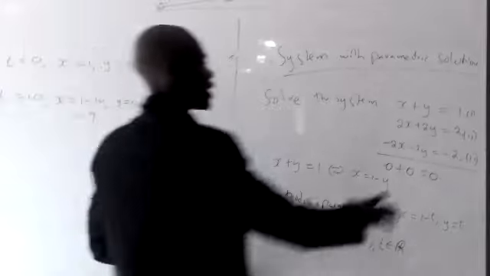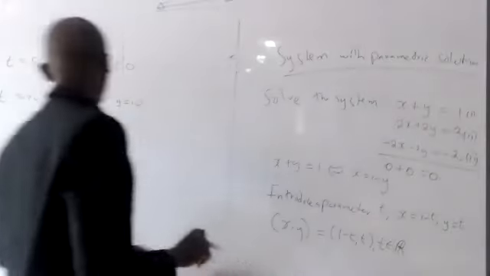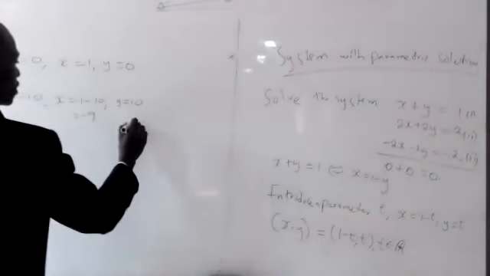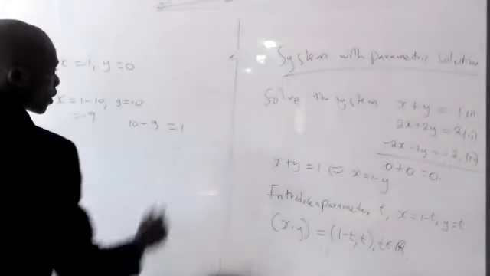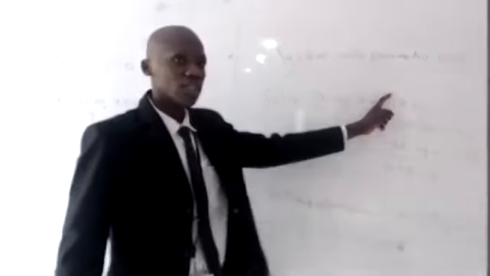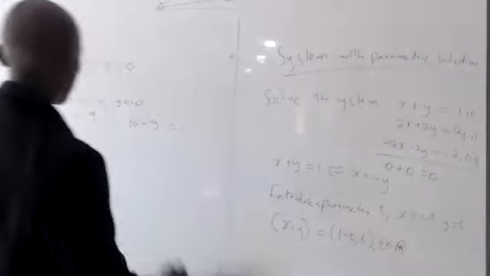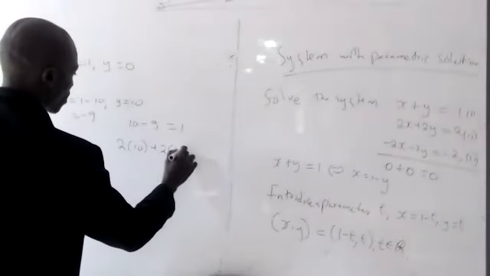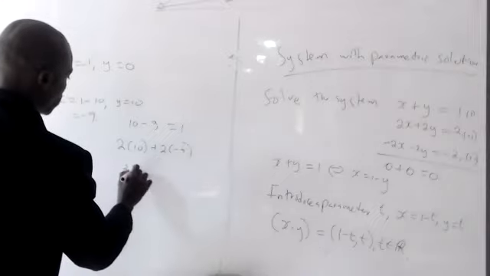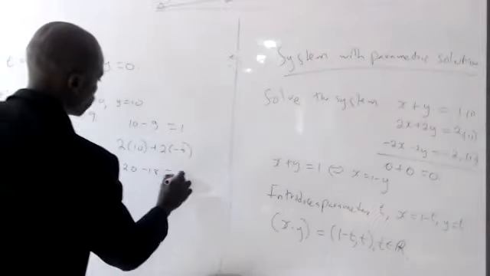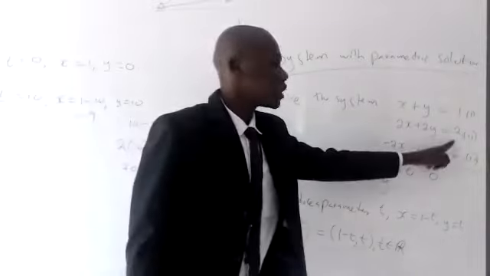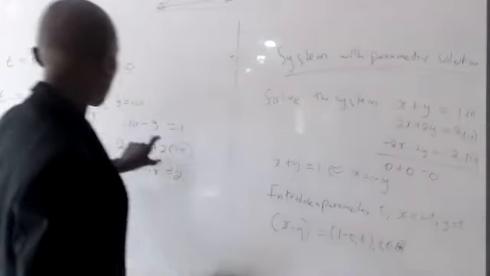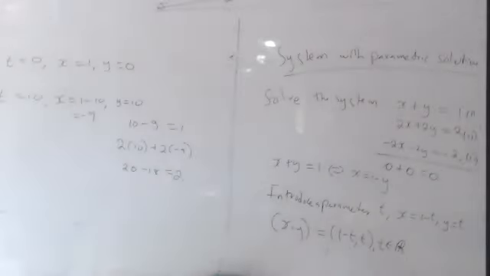Check if -9 and 10 will solve this system. If you put 10 minus 9, that is 1, so the first equation is satisfied. 2x plus 2y: 2 times 10 plus 2 times -9 is 20 minus 18, which gives you 2. The second equation is also satisfied. So this is also another solution.